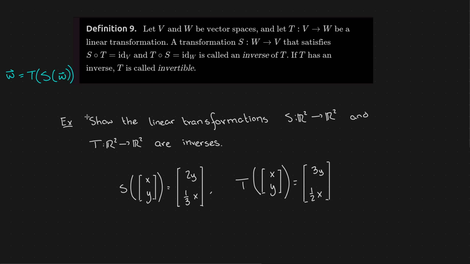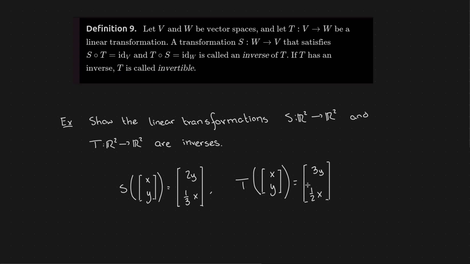Okay? And vice versa. S undoes whatever transformation T did. So if you imagine putting on your sock maybe as one transformation, the inverse transformation would be taking off your sock. So one undoes what the other does. Okay? In this case, a matrix that has an inverse is said to be invertible.